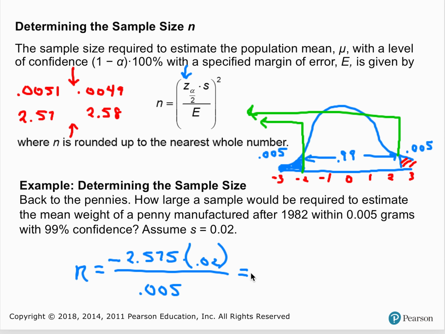I'm looking for my typo in here because I do not believe that 10 is the appropriate number. So let me see what I've done wrong here. Oh, I didn't square it.